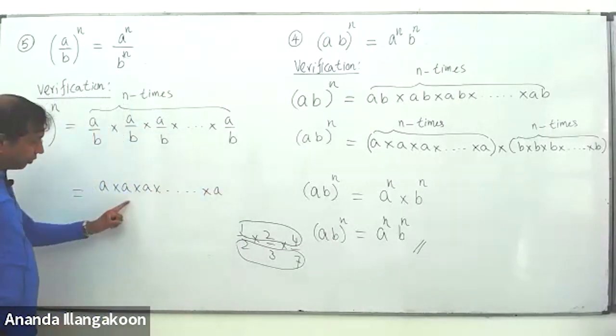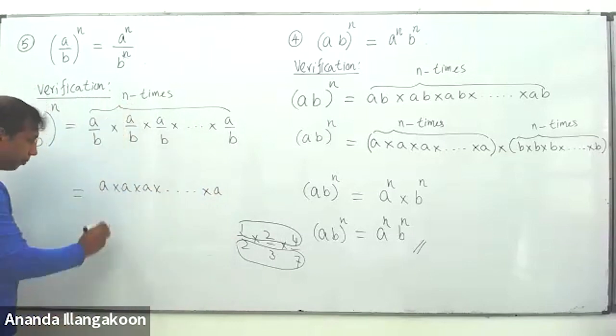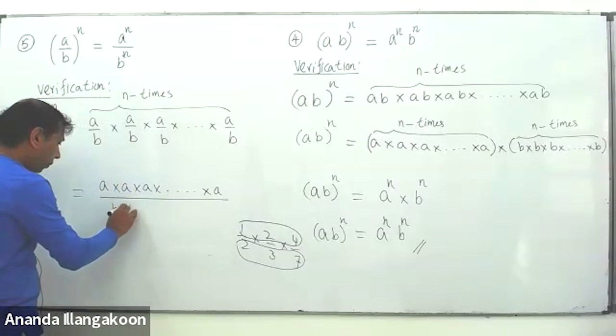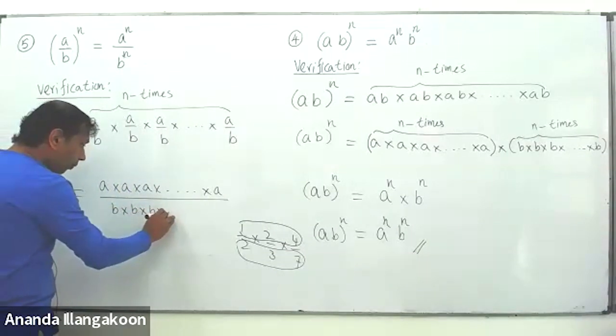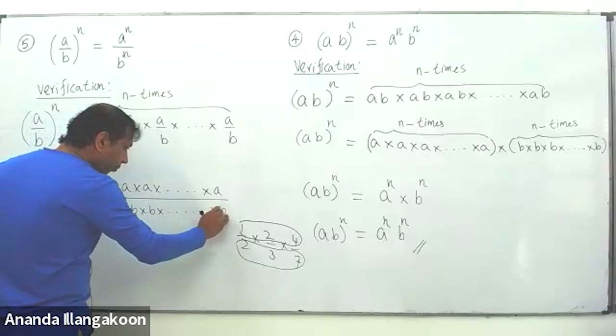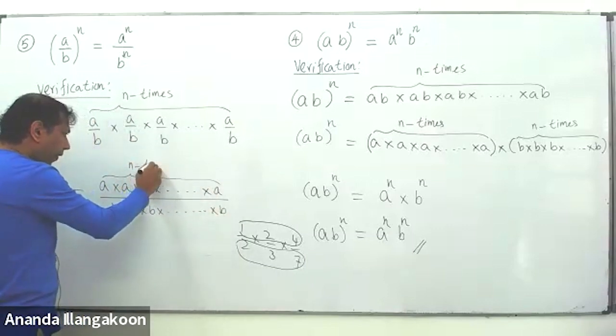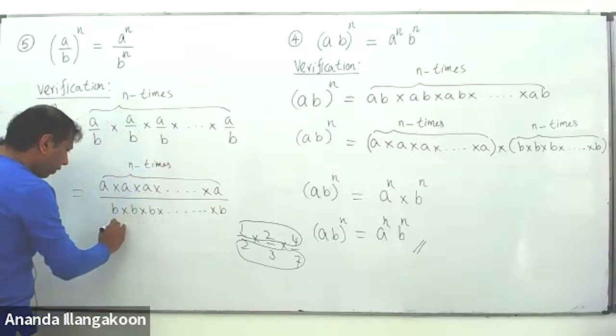How many A letters should appear here, people? n. Then B into B into B into B, here n times. They also n times.